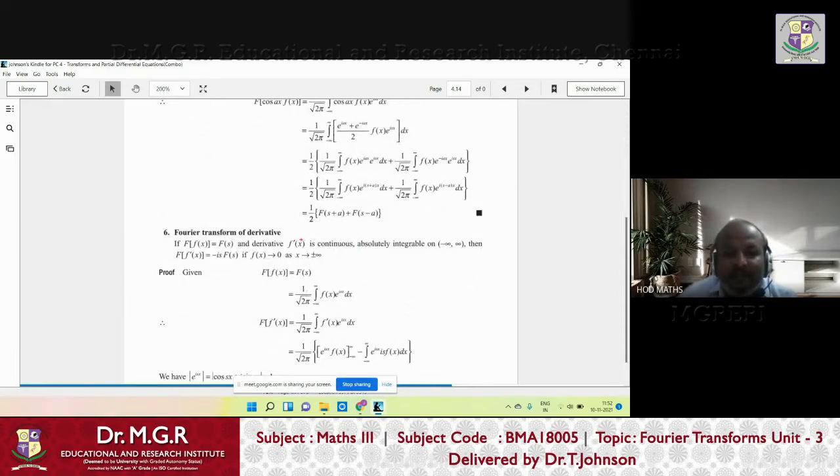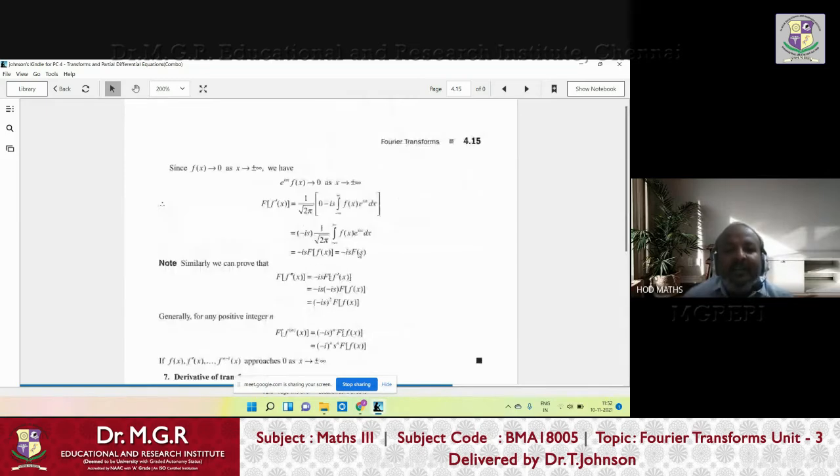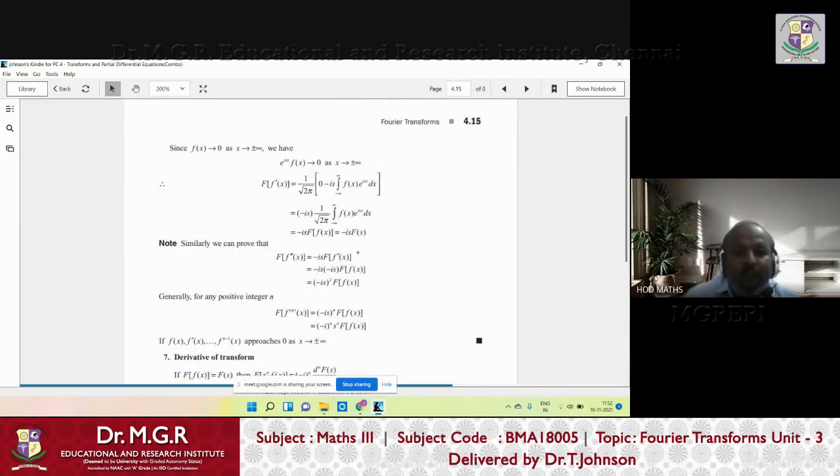That is, if f double dash of x is continuous and absolutely integrable, and f of x and f dash of x go to 0 when x goes to plus or minus infinity, right? If you assume these two conditions, then by the recurrence relation, we can similarly prove that the Fourier transform of f double dash of x can be written as minus is times the Fourier transform of f dash of x, since f double dash of x is the derivative of f dash of x.